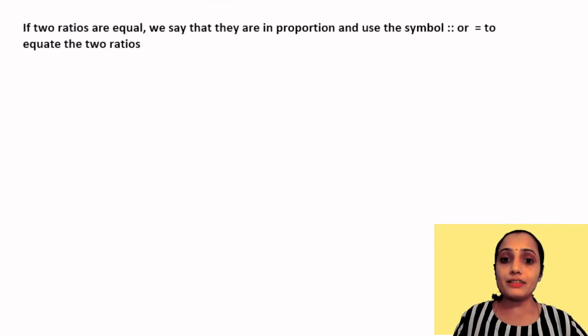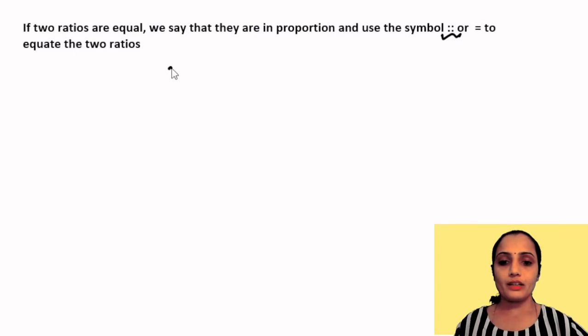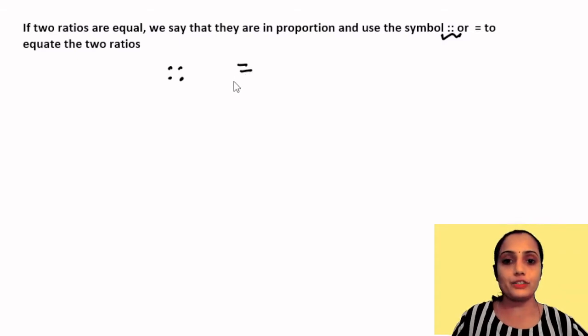Now let's look at the definition of a proportion. We'll say that if two ratios are equal, then they are in proportion, and we use the proportionality symbol, or we can also use the equal to symbol as we just saw.